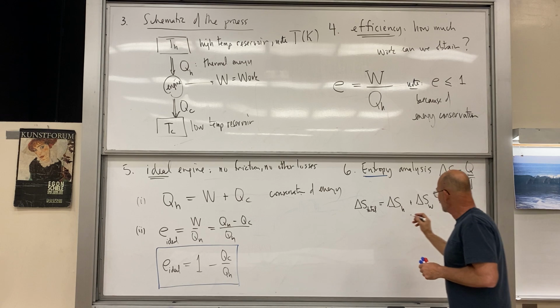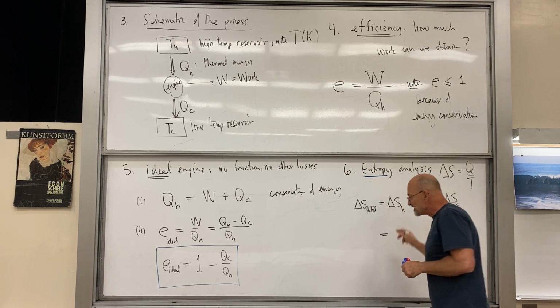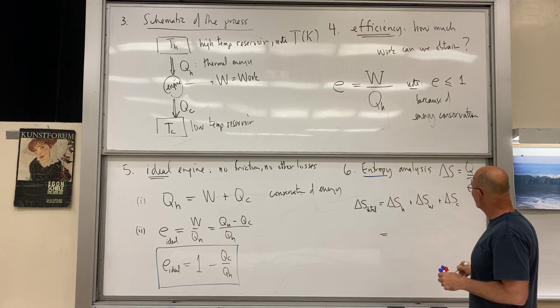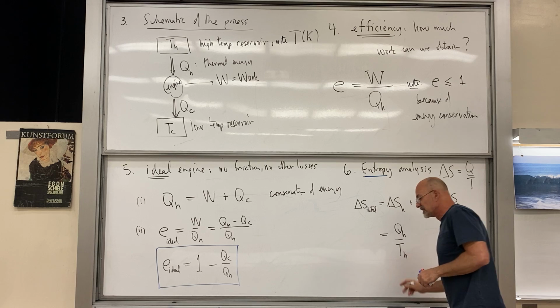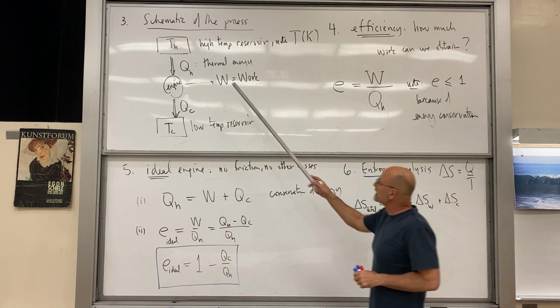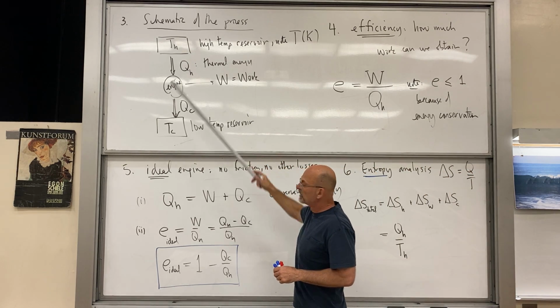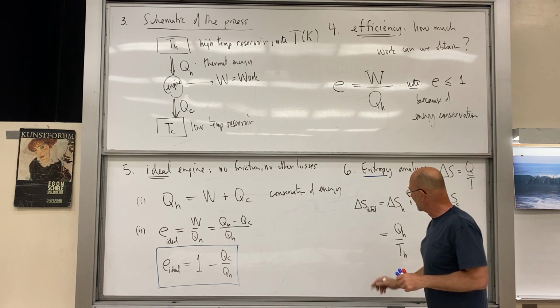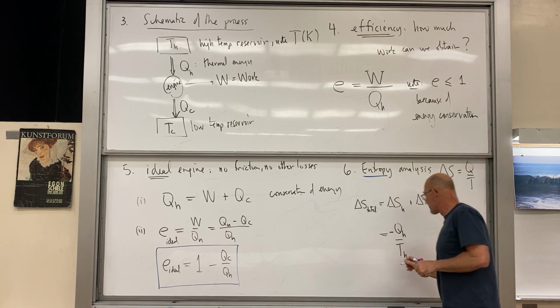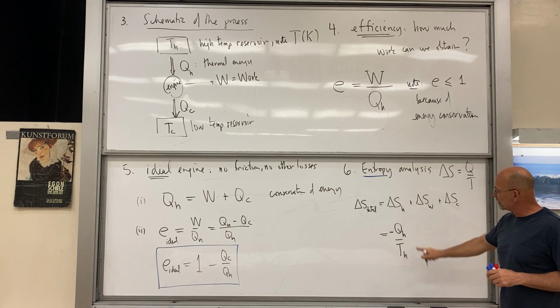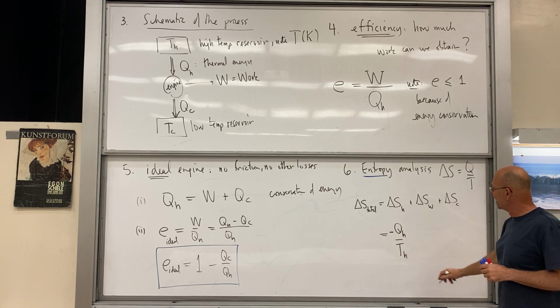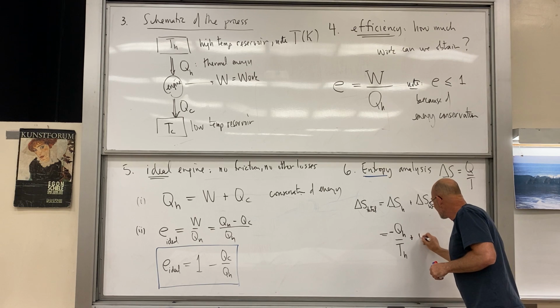Now, delta S of H is Q sub H divided by T sub H, and because the energy is leaving the reservoir, it gets a minus sign. My Q's are going to be absolute values, so that gets the minus sign. Now this one is interesting.